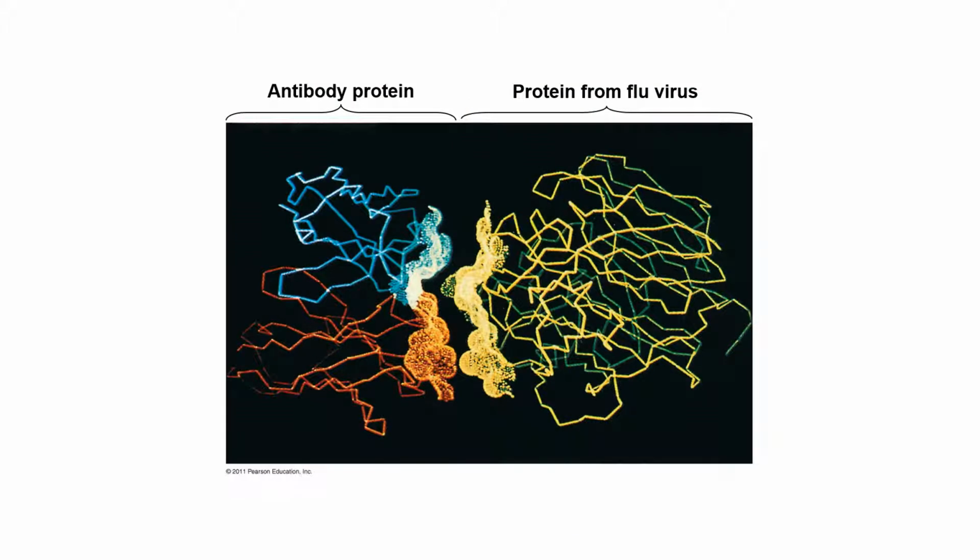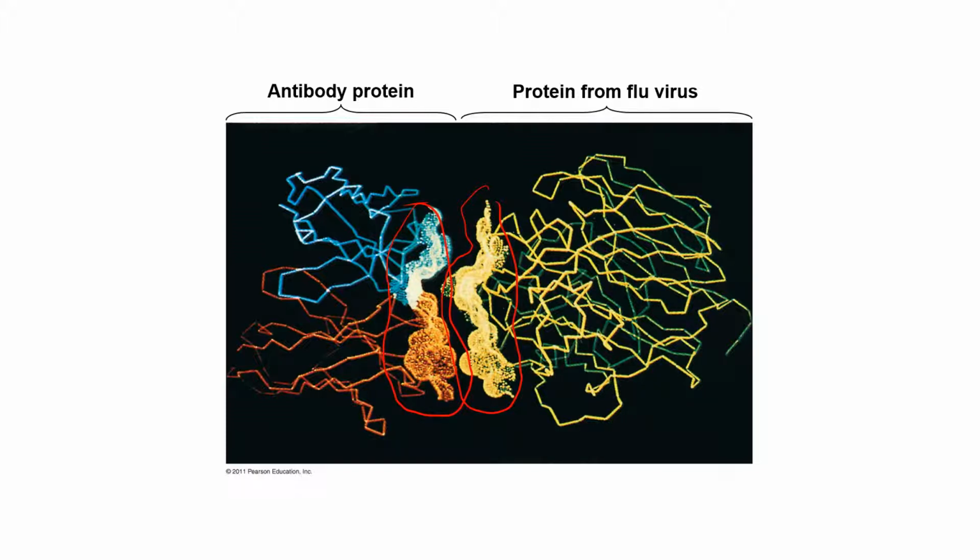So, looking at an example of structure and function: antibodies are a great example. Antibodies, being proteins, target foreign substances. Here you're looking at a portion of the flu virus. You're just looking at one protein from the flu virus, and only a small part of that protein that is actually complementary to the antibody.